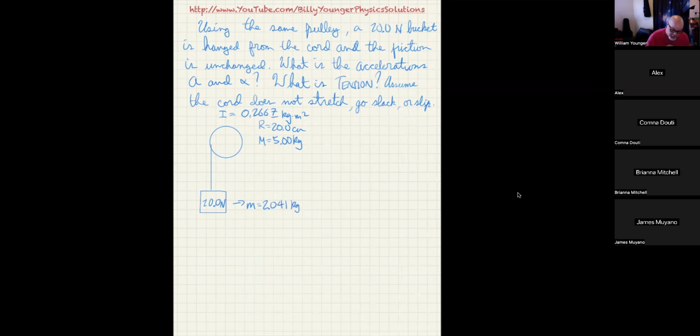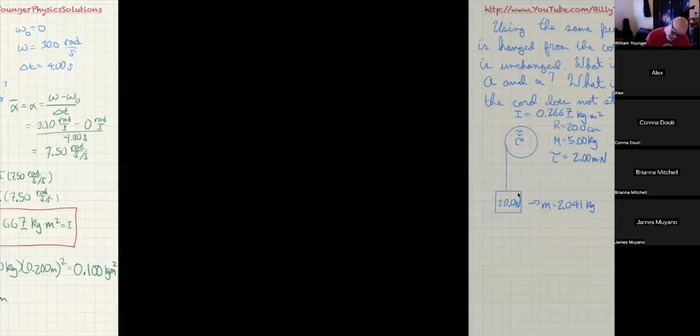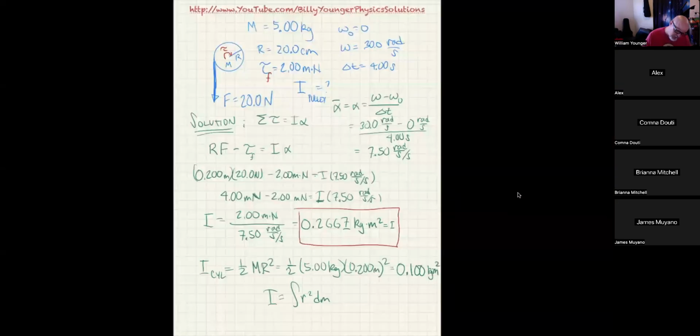Okay. We also have that same torque due to friction acting on it. And that torque is, of course, equal to 2.00 meters times newtons. Make sure that's the right number. Yes, it is.